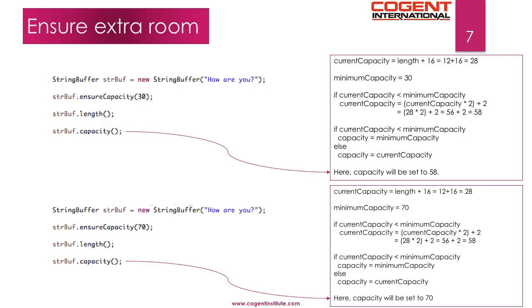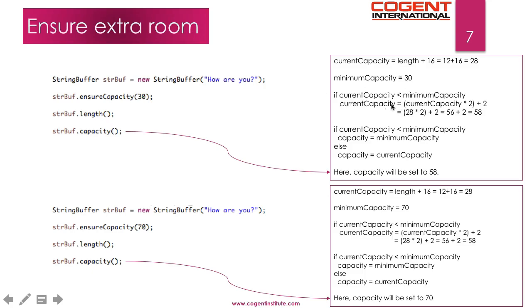So let's look at how the capacity is evaluated. The current capacity is length plus 16, which is 12 characters plus 16, which is 28. And the minimum capacity is 30. So the check is made if the current capacity is less than minimum capacity. In this case, 28 is less than 30.